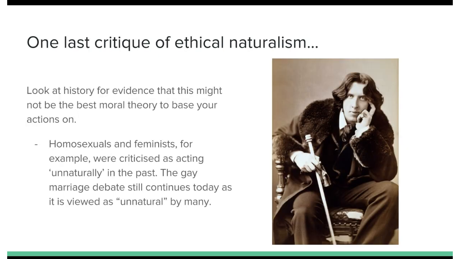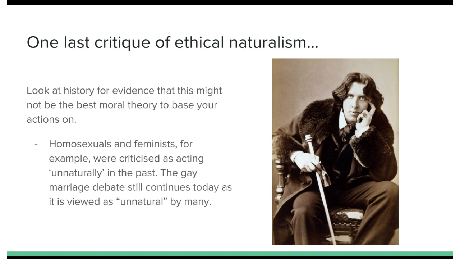One last critique of ethical naturalism is that if we look at history, we can find some evidence that maybe this isn't the best moral theory to base your actions on, or to base your decision making on. For example, we have Oscar Wilde, famous author, pictured on the right there, and he was a homosexual. Now, historically, homosexuals did really not have it easy.